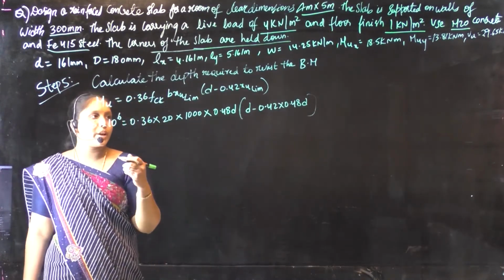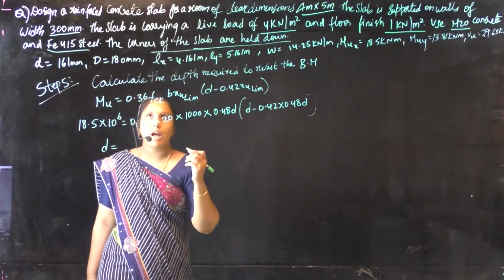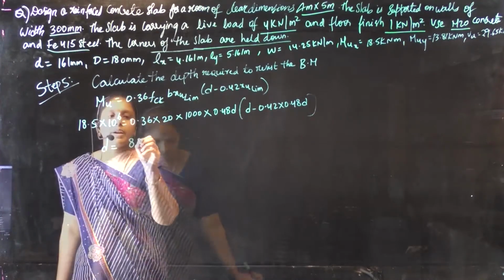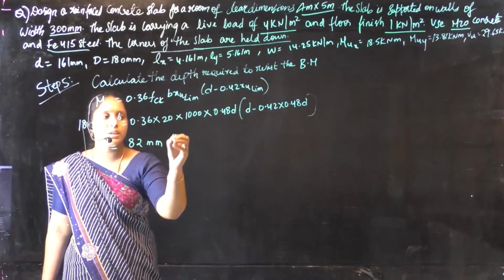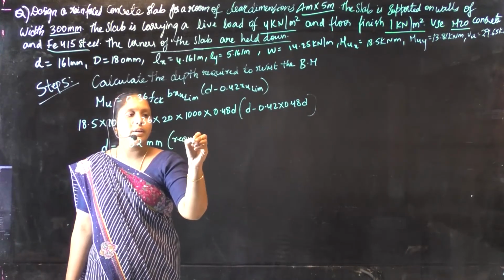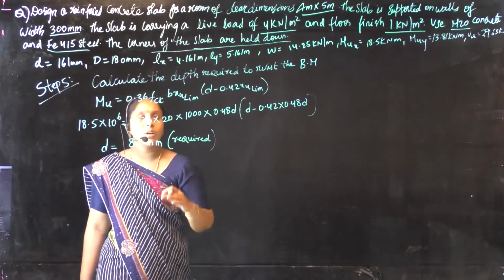So now from this we can get the value of d, which is the effective depth, and the value of d here is 82 mm. So this d is the required depth, which is meant for resisting the bending moment.